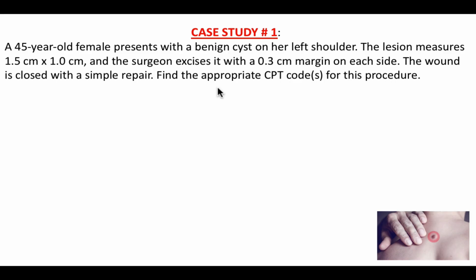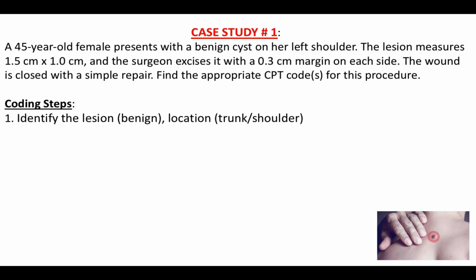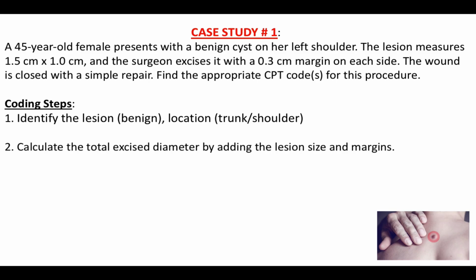Now, let's follow the coding steps. Step 1. You need to identify the lesion type, either benign or malignant, and its location. In this case, it is a benign cyst on her left shoulder. Next, we need to calculate the total excised diameter.